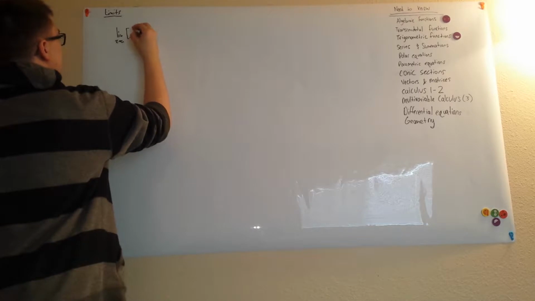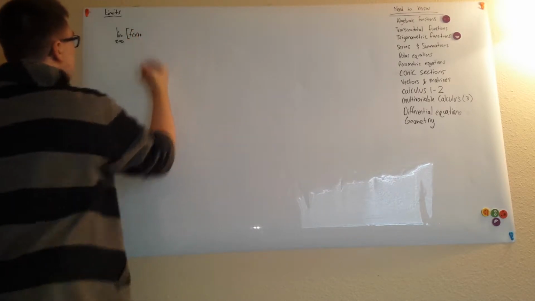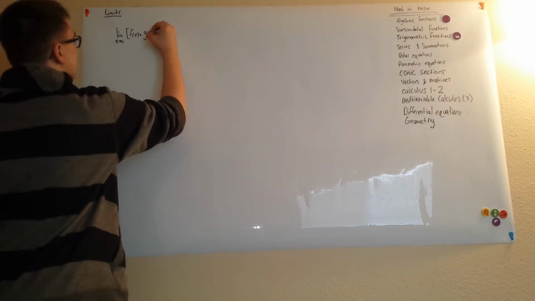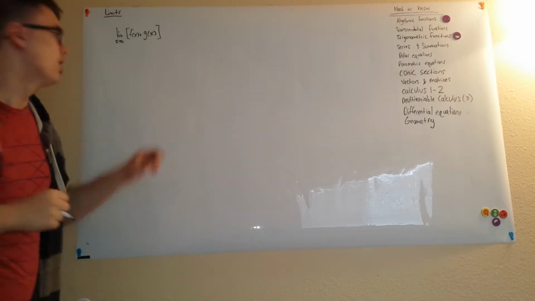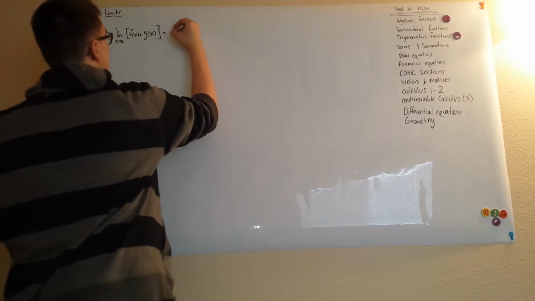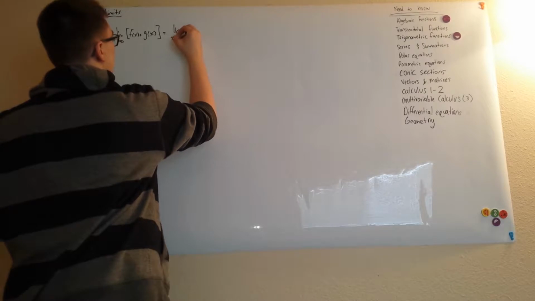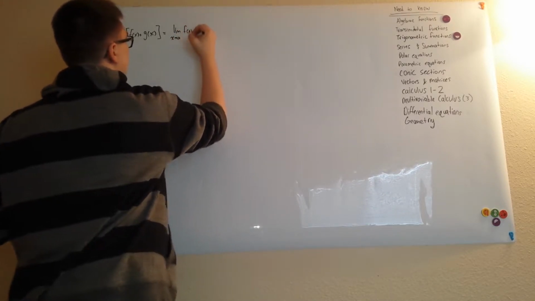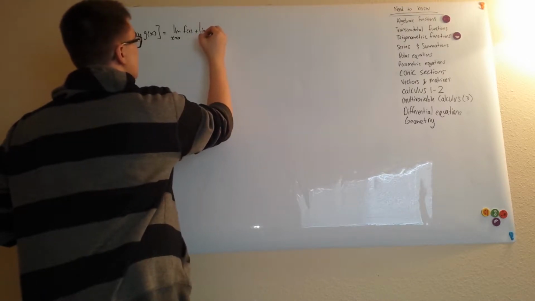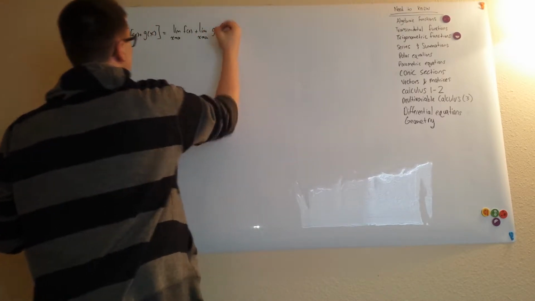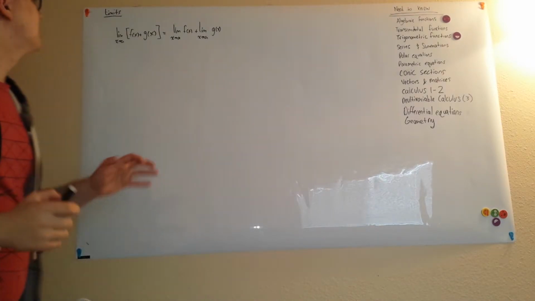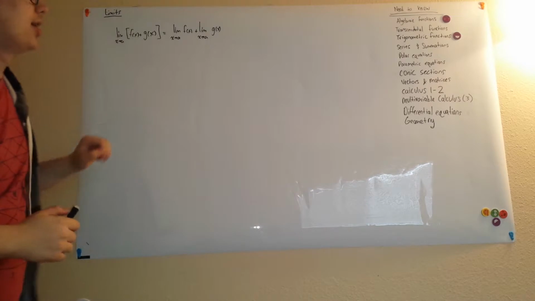If we have the limit as x approaches a of f of x plus g of x, this is basically saying if we're taking a limit of two functions that are being added together. This equals the limit as x approaches a of f of x plus the limit as x approaches a of g of x. Basically, we can separate the limit of each.